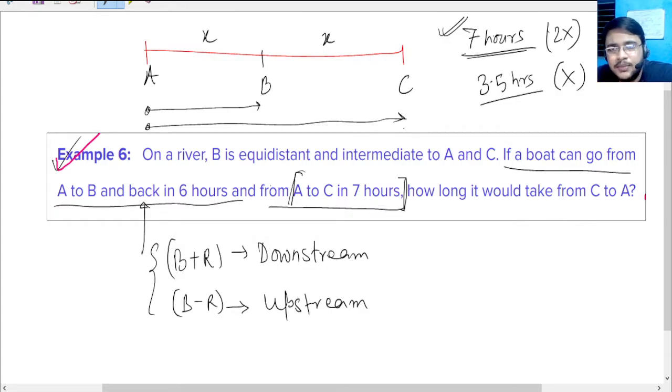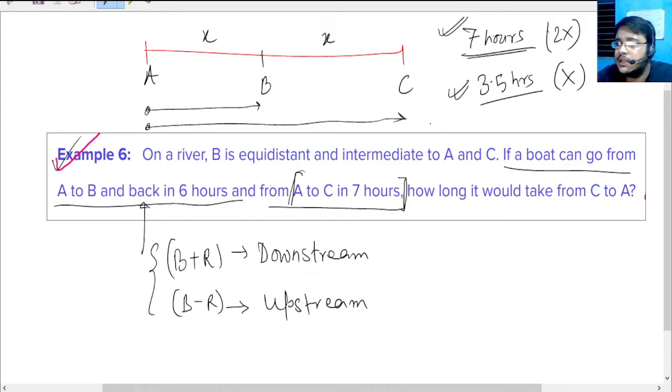And how does this happen? Obviously this is proportionality. It has got nothing to do with the distance as such. It is just that if the entire distance of 2x has been covered in 7 hours, how much time will half of that take? So that is definitely half of the time, right? So this is an analogy, 3.5 hours.